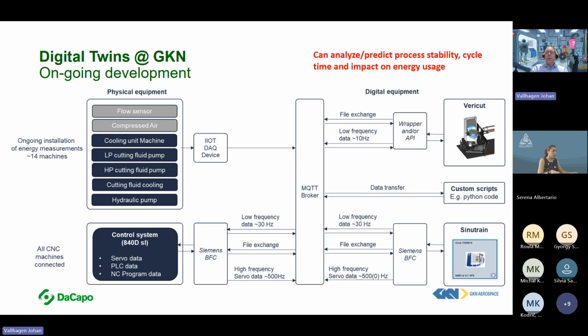And then you also have the process part. On the top right side here, you see something called Vericut, which is software that can simulate the machine kinematics and some of the dynamic behavior of the material removal, and you can then also calculate the energy consumption required to cut the material.